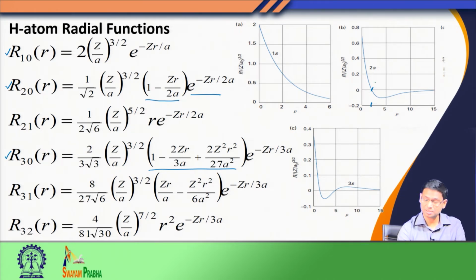So, this is the 2s orbital, its radial function, and we see one node, and here I have 0 nodes.